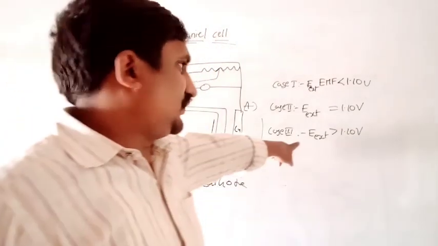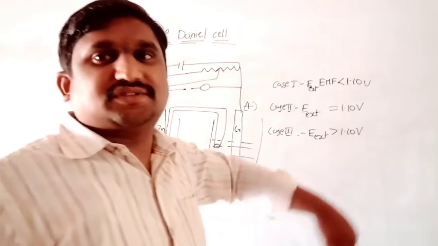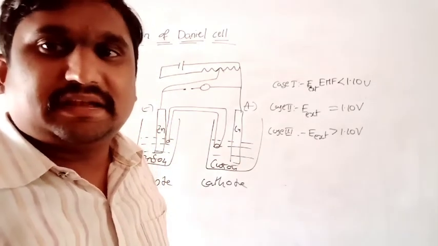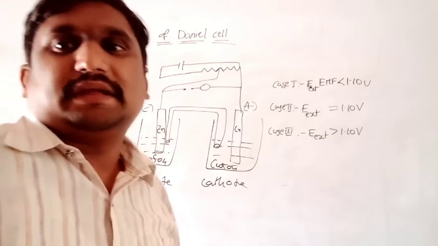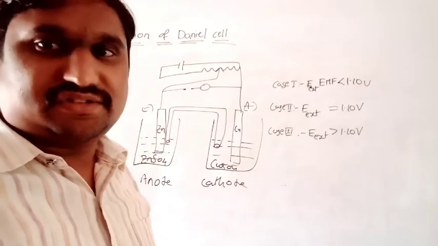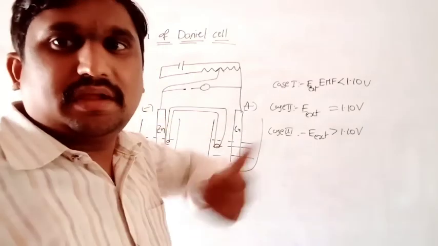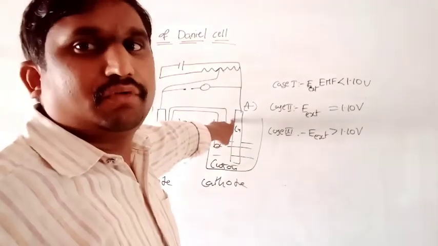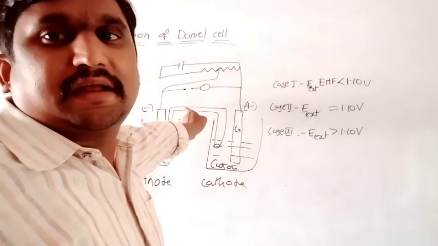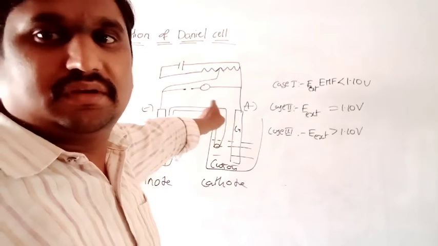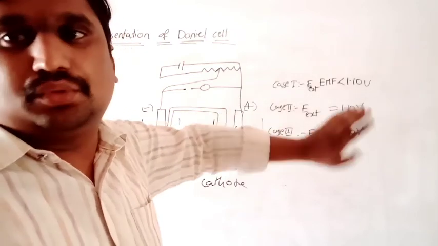In an electrolytic cell, a non-spontaneous process takes place. Electrons now flow from copper to zinc and current flows from zinc to copper.